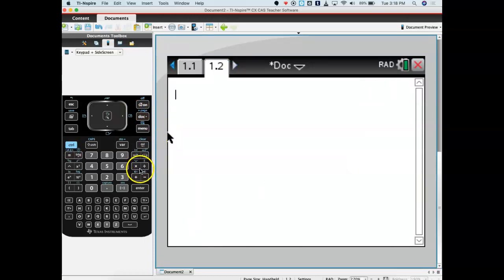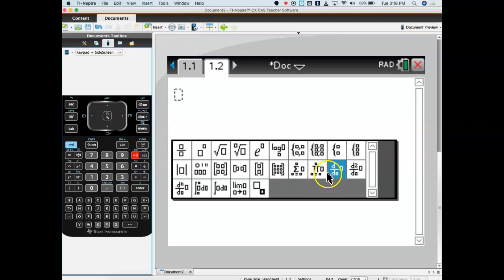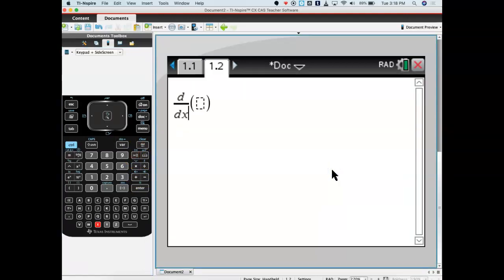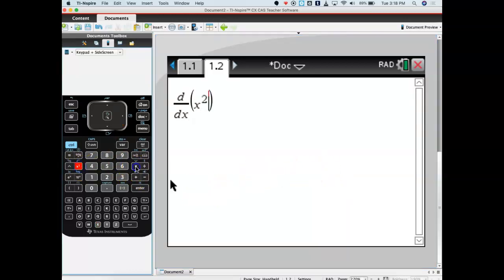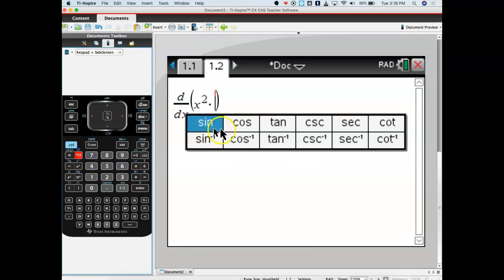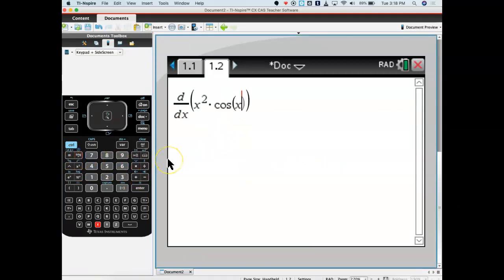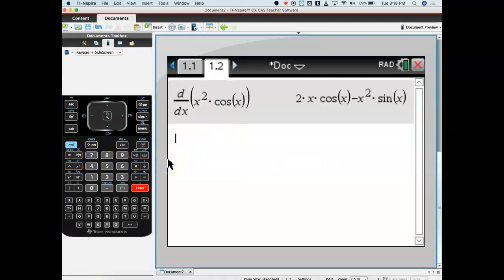I'm going to come back here to my template and say, what is my derivative in terms of x for x squared times my cosine of x? Boom, there it is. 2x cosine x minus x squared sine x. A little bit different than what we came up with here.